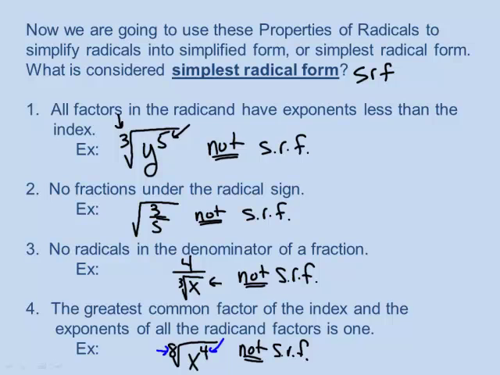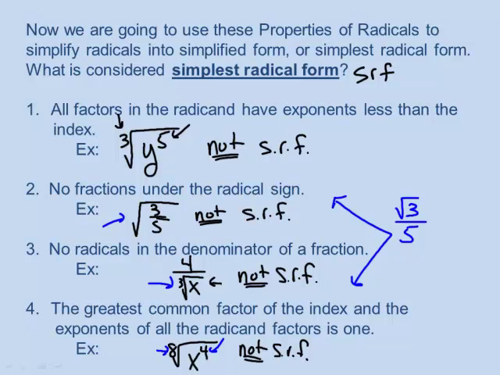And I'd like to back up just for a minute to rules 2 and 3 here. It should occur to you that there's one type of fraction radical example that we didn't cover here, and that's what if you're working a problem and there is a radical in the numerator, but in the denominator you don't have a radical? We dealt with fractions under a radical. We dealt with a radical in the denominator.